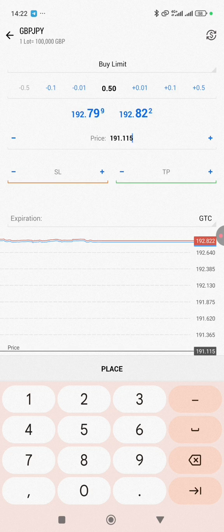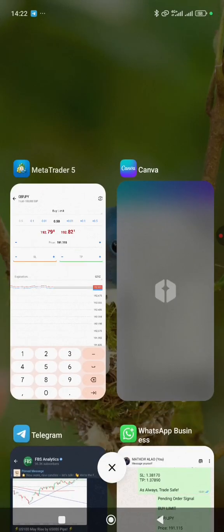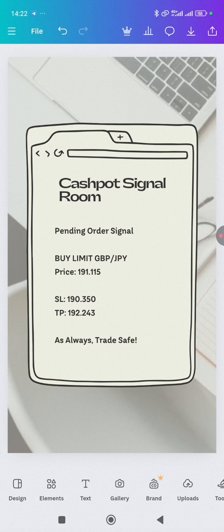So now you set the stop loss as well, so that on reaching this place, if the market did not rise as I presumed, maybe some things happened. Of course, nobody is in control of the forex market. So you now say that when I get to 190.350, then sell for me, so that I don't want to lose more than the distance from 191.115 to 190.350.